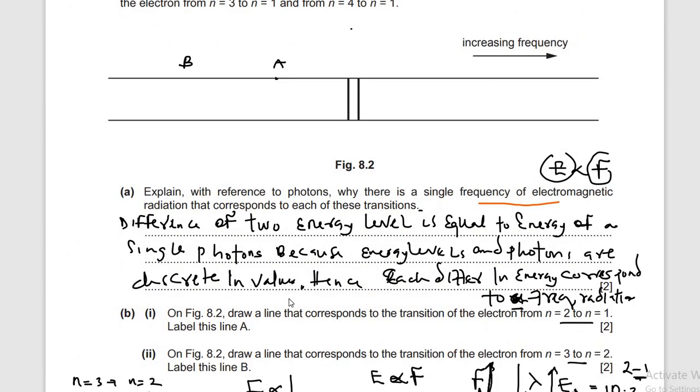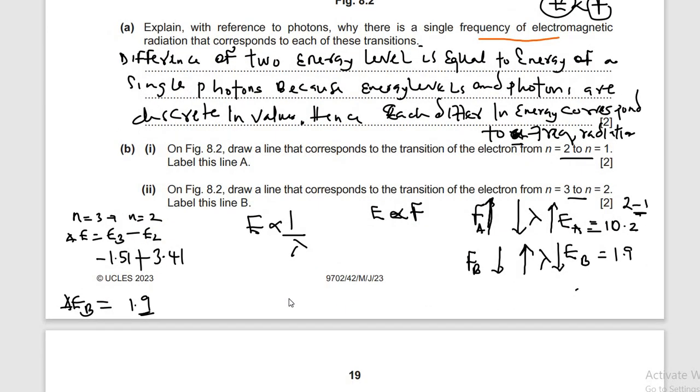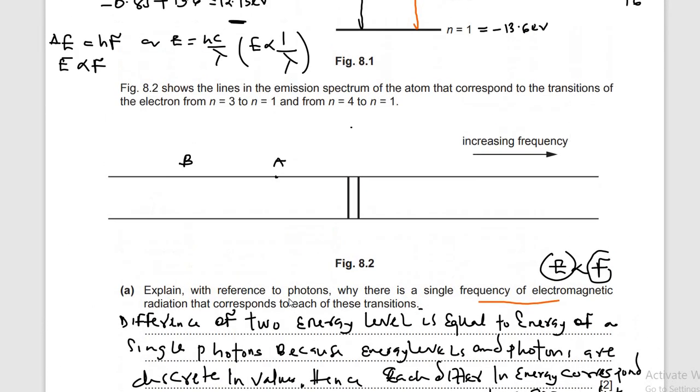A will have low wavelength, B high wavelength. So A should be closer to the pair because the wavelength is low.